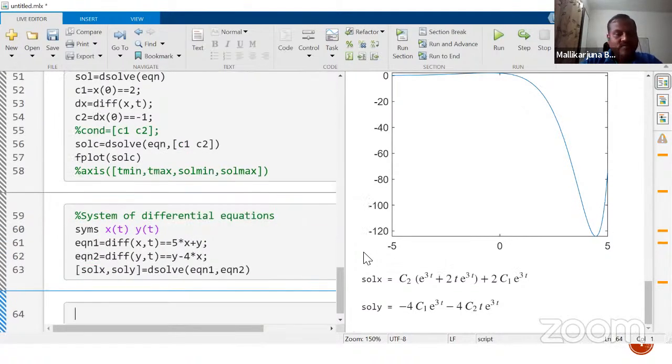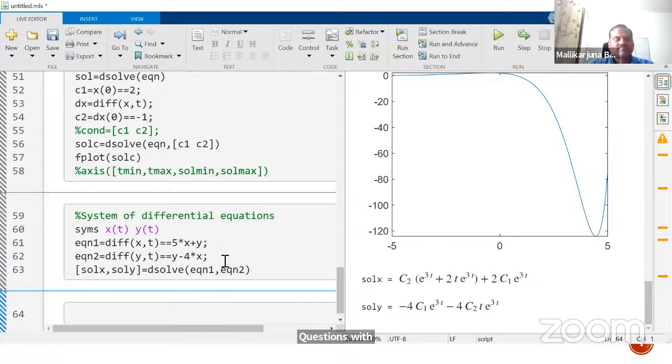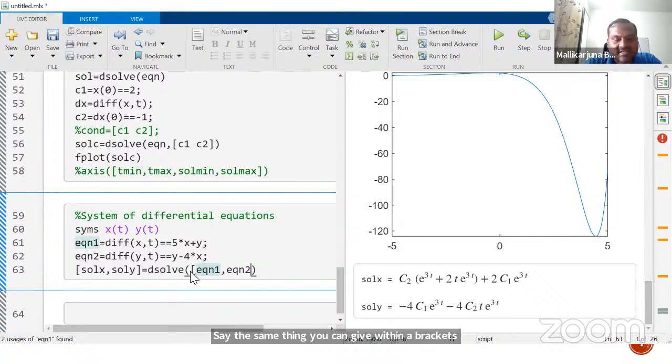Right? Just check the same system of differential equations with condition. The same thing you can give within brackets like this. That is also fine. That will give the same result.